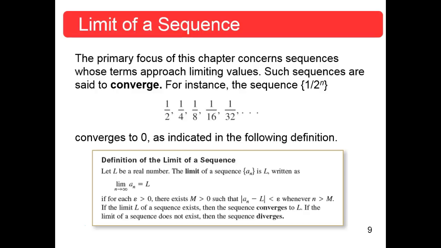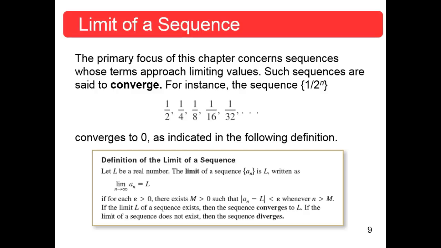Yeah, going towards 0. Because they're getting smaller all the time, but can never be 0, right? Because no matter what, you've got 1 in the numerator, that's never going to be a 0. But your denominator keeps getting bigger, bigger, bigger, so you're getting closer and closer to 0. So yeah, that converges to 0 as indicated in the following definition.